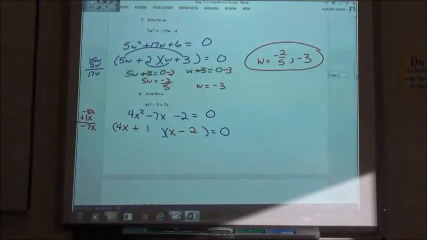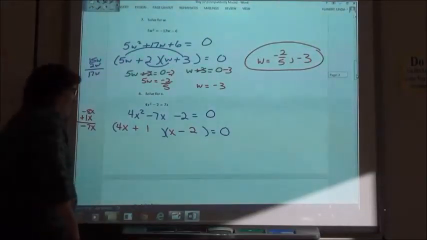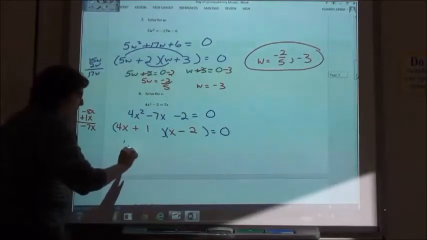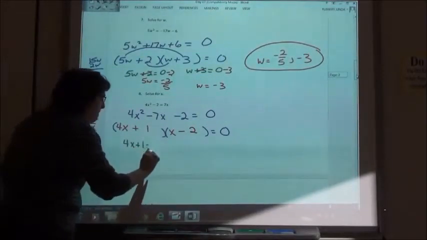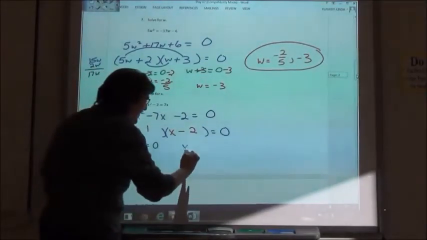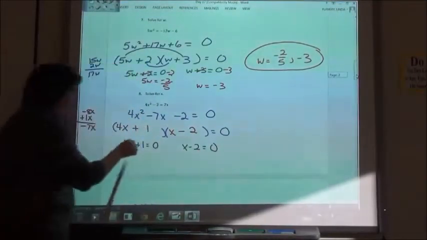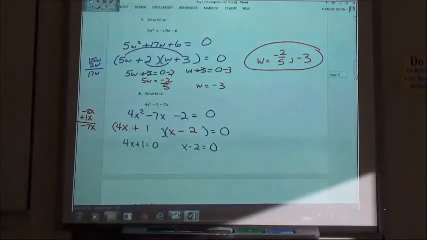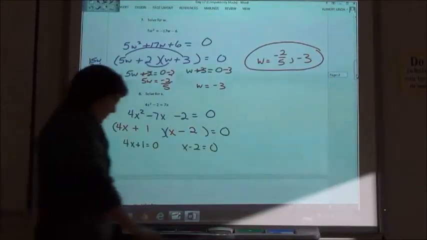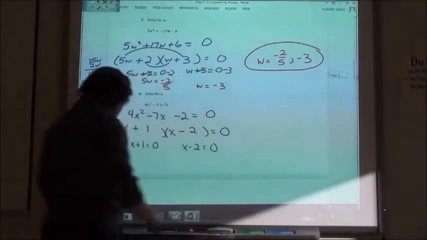So if we're going to solve the problem, what are we going to do? If I have 4x plus 1 equals 0, you could bring your 4x over to negative 4x, but what do you probably want to do?